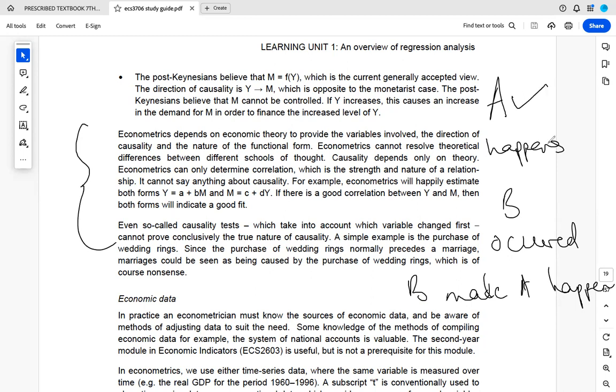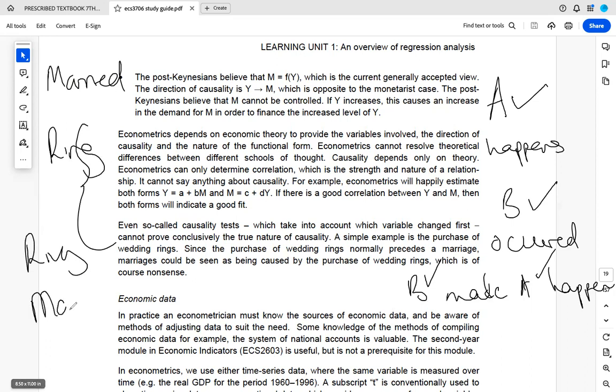Just because A happens because B occurred, we can't say that B made A happen, right? Just because a person got married after buying a ring, we can't say buying the ring made the person get married. This is the idea with some faulty econometric models.